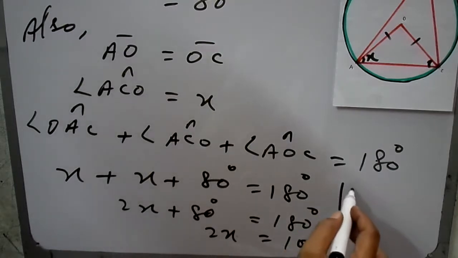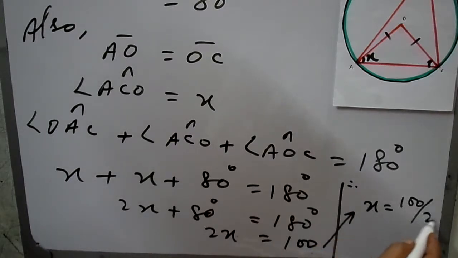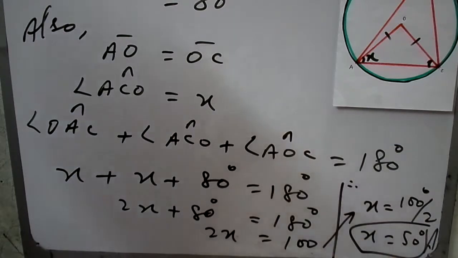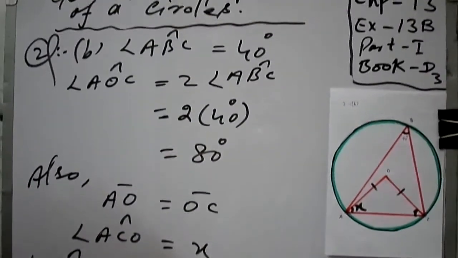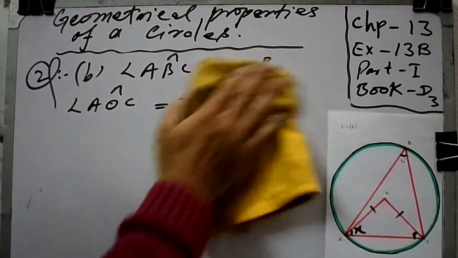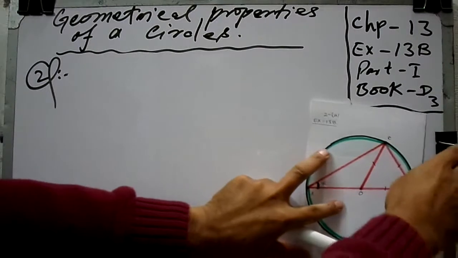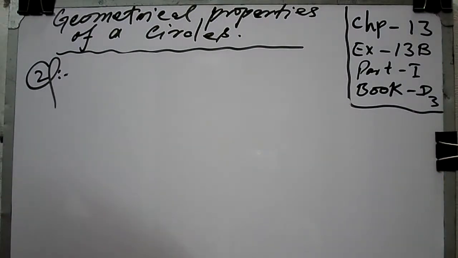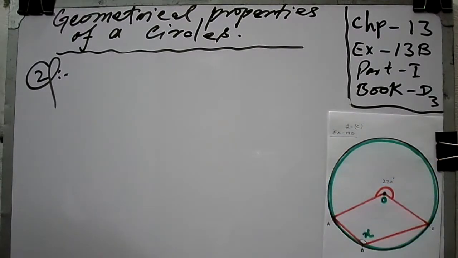So therefore the value of X is equal to 100 divided by 2, you will get 50 degrees. So that is your result. Now coming to the C part.